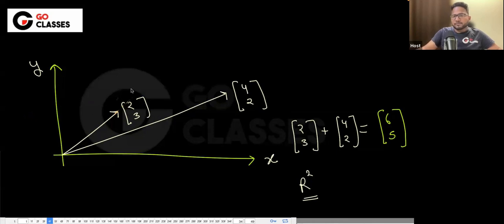Now 6 5 is some other vector which is also in R2. Tell me, is this vector in R3? No, right? Obviously it is also in R2. Now, can you draw 6 5? Maybe you can try drawing this. For example, let's suppose it could be somewhere here.